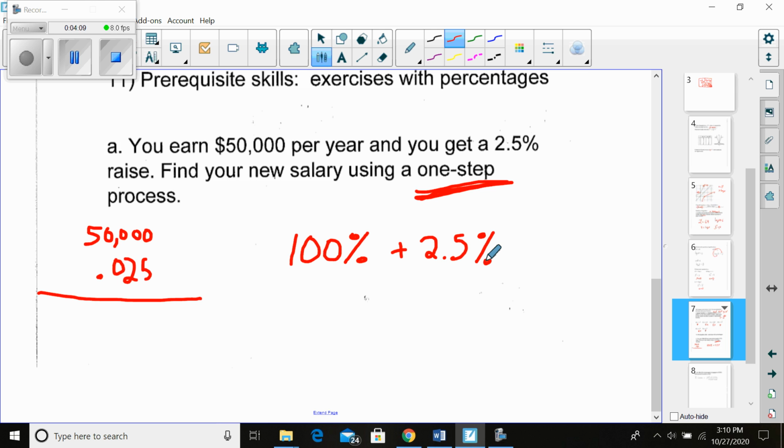So look what would happen if I wrote this as 102.5%. Change that to a decimal, and I would get 1.025. Then I could multiply by the 50,000. I'm just going to write 50K.